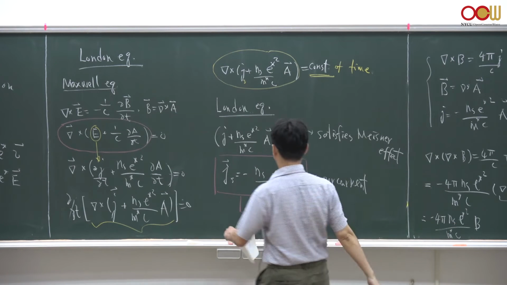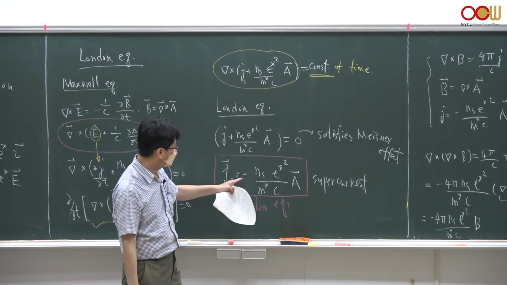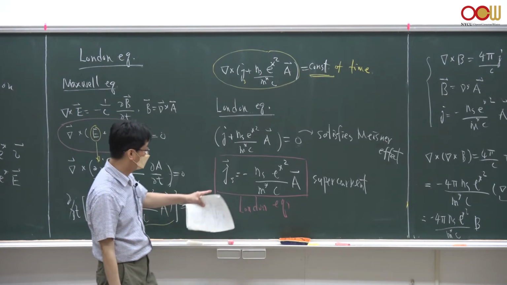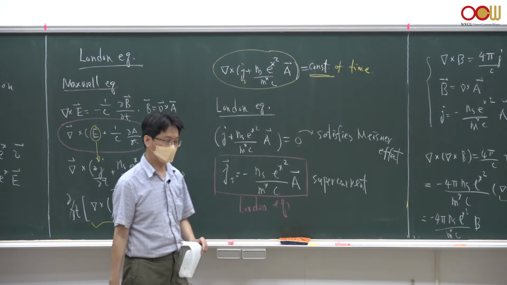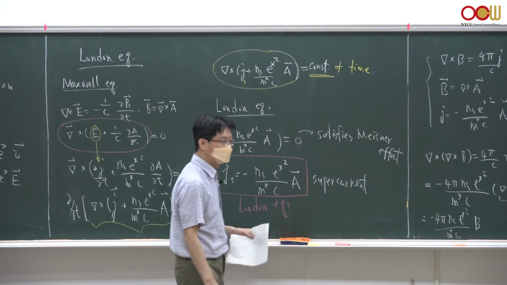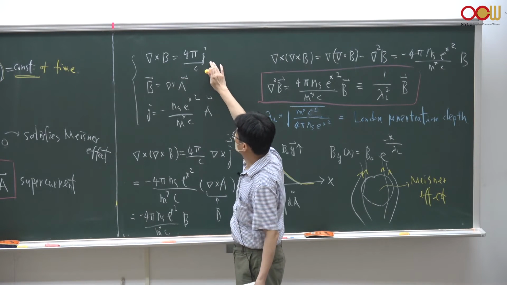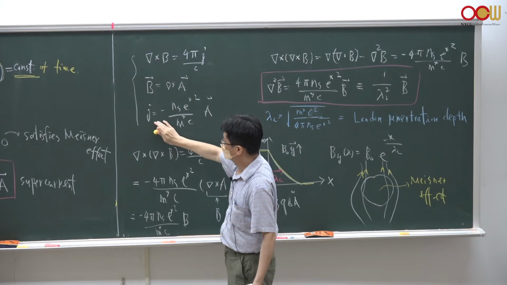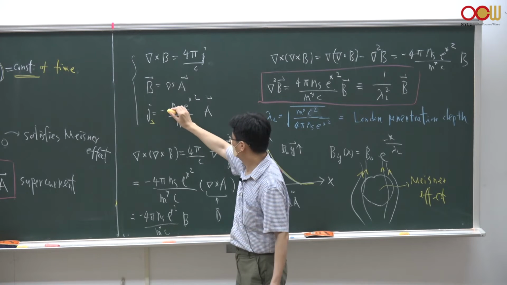And this is the famous London equation, which tells us that the supercurrent Js is given by minus this prefactor times the vector potential A, which is to say that the supercurrent is linearly proportional to the vector potential A. We can use the London equation to derive the Meissner effect, because from the Maxwell equation, the curl of B is given by 4 pi over c times the current J, and B is the curl of A, and from the London equation, Js is given by the vector potential A times the prefactor with a minus sign.